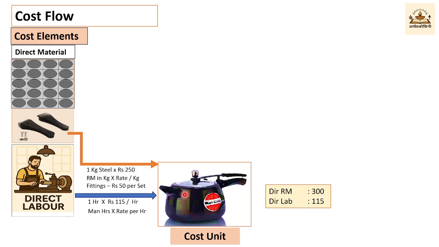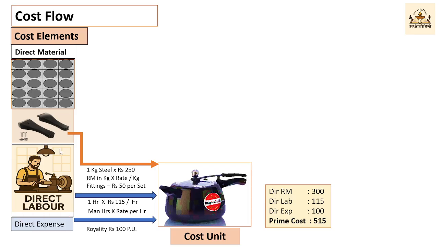The next one is direct labor. To make this product, you need one man hour, and the rate per man hour is 115 rupees. So direct labor cost is 115. Again, the direct expenses. To make this product, we need to pay 100 rupees as a royalty, which comes under the category of direct expenses.